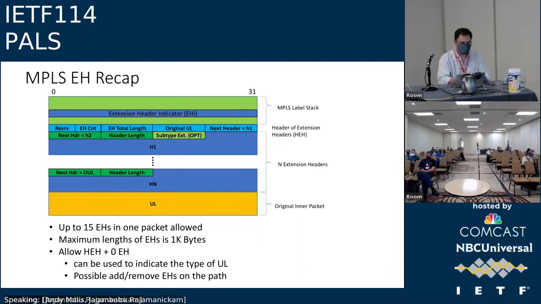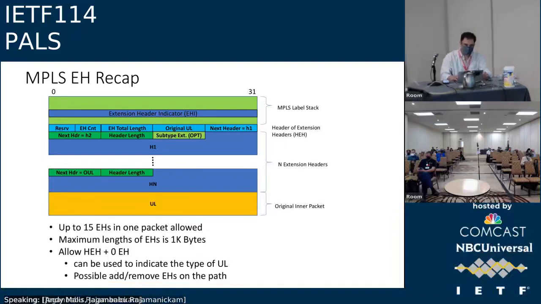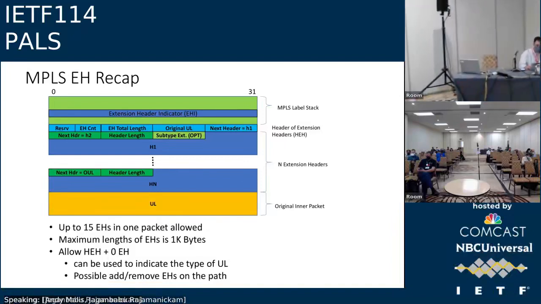With this arrangement, we will support up to 15 extension headers in a single packet, and based on the length arrangement, the maximum length of all the extension headers can be up to 1 KB in a single packet. We do allow you to have only this header of extension header, followed by zero extension headers. This can be used to indicate the type of upper layer protocol, and it also supports the potential use of adding and removing extension headers on the path. Next slide, please.